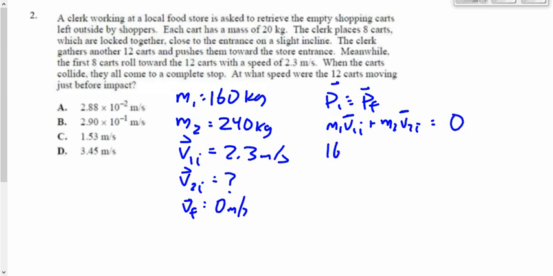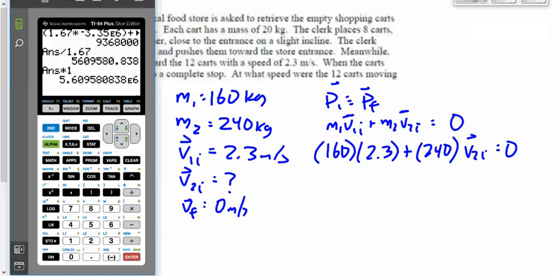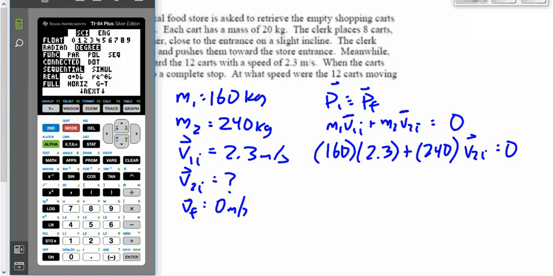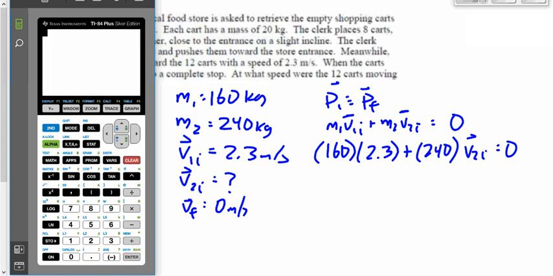All right, subbing in numbers here. M1 is 160 times V1I. M2 is 240 times V2I, that's what we're looking for, equals 0. Let's say 160 times 2.3. Oh, I'm going to be in scientific notation. I don't want to do that now. Let's go back to standard. 160 times 2.3 gives me a value of 368.